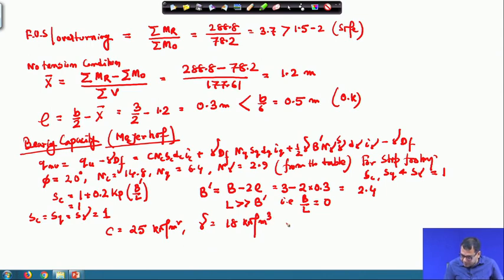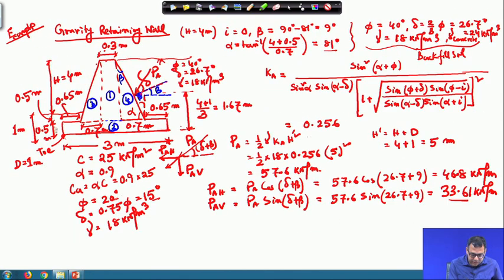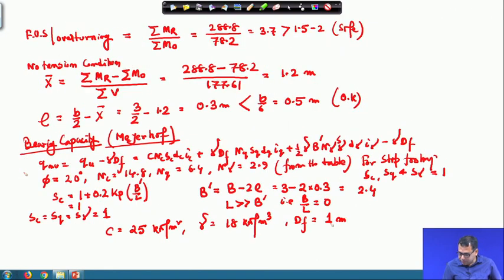And dF, the depth of foundation, is 1 meter, because this is the depth of foundation D below the existing soil, and that is 1 meter. So, dF is equal to 1 meter.